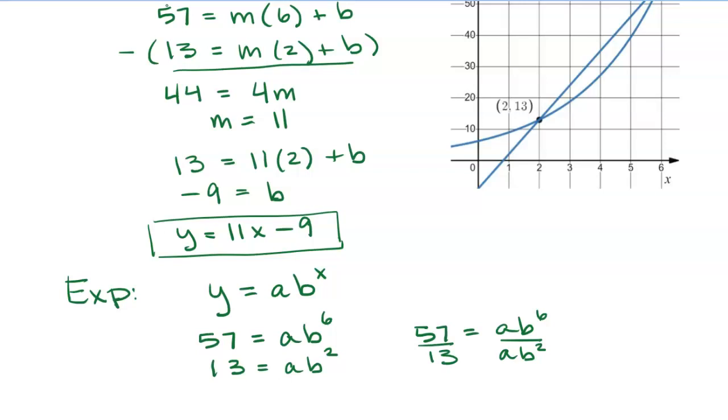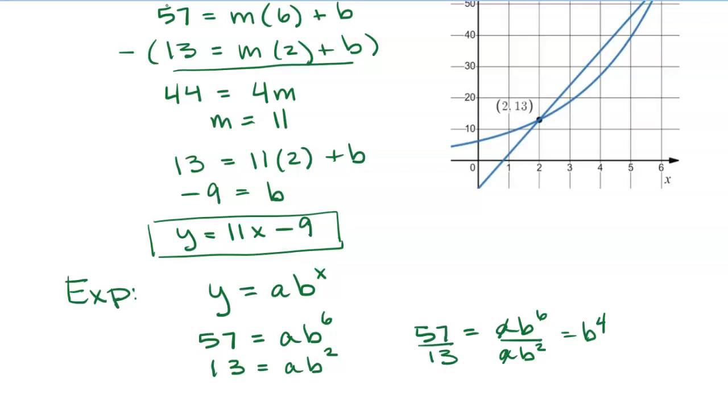I'm dividing the 57 by 13, and I'm dividing the a b to the 6th by a b squared. The a's are going to cancel, and I have b to the 6th over b squared, which is b to the 4th.